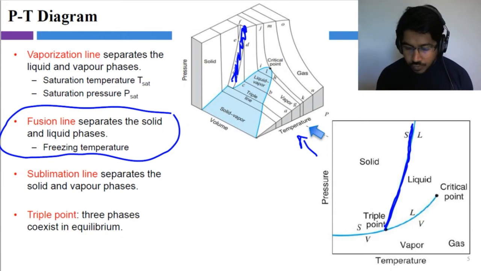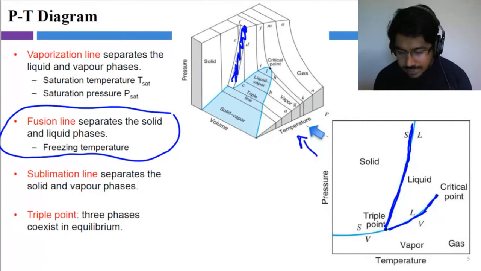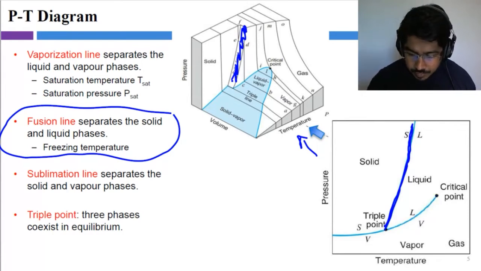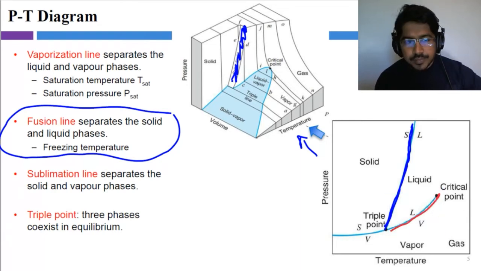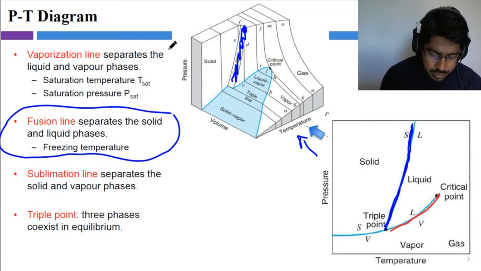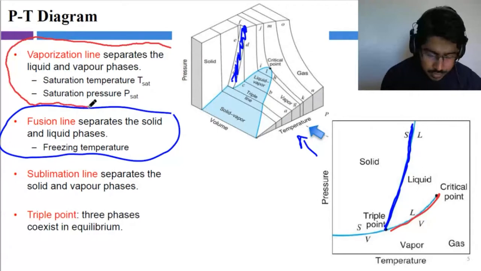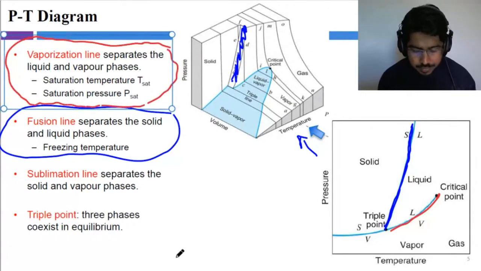And then we have another line here, right? So what is that one? The line separating liquid and vapor regions. Let me use another color for that one. Line separating the liquid and vapor region. So do we have a definition here in this one? Here you can see there's a definition, vaporization line.